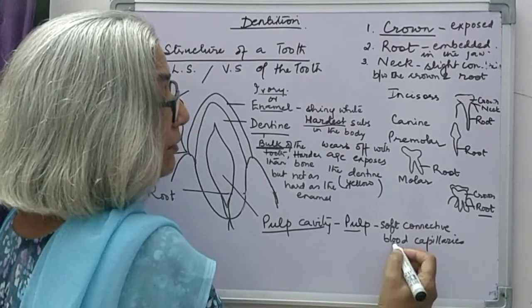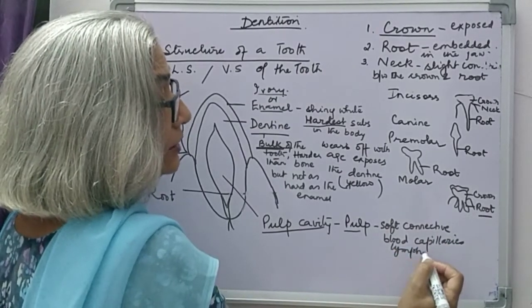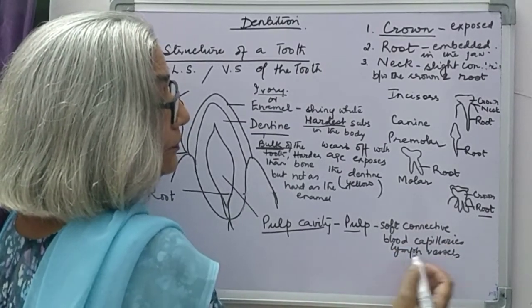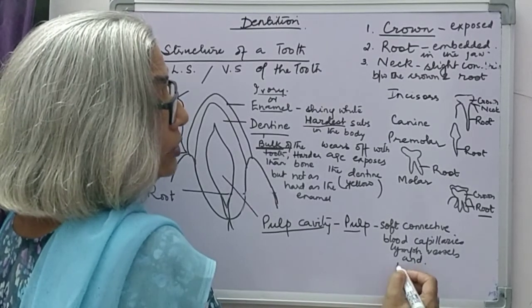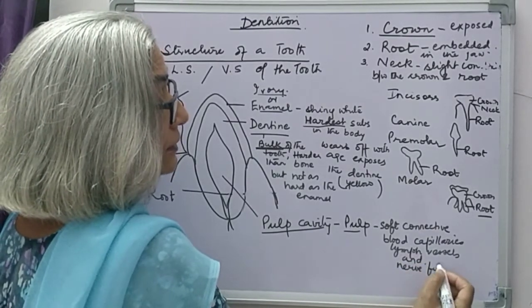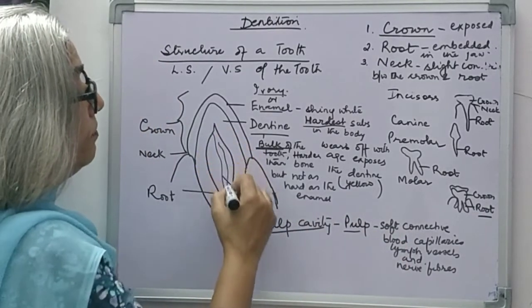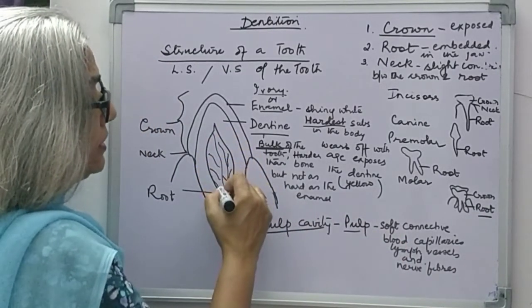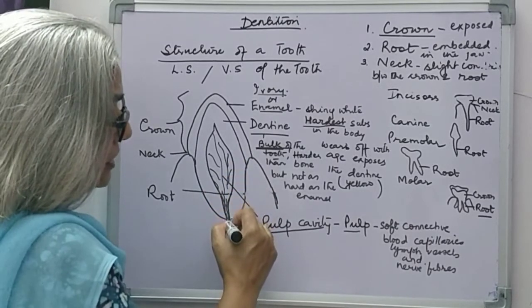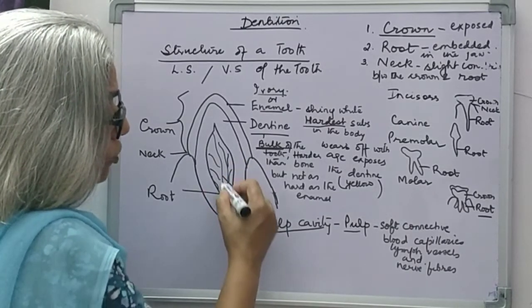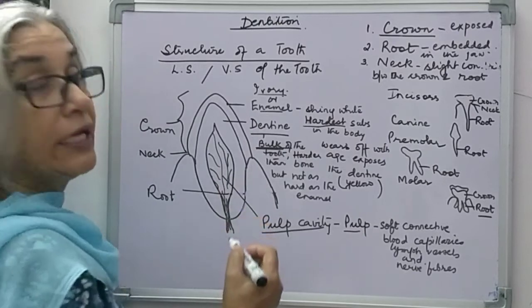It has lymph vessels and also nerve fibers. And this pulp cavity contains all this, and through the root, it is in connection with that of the body.